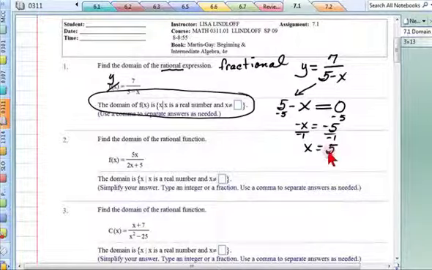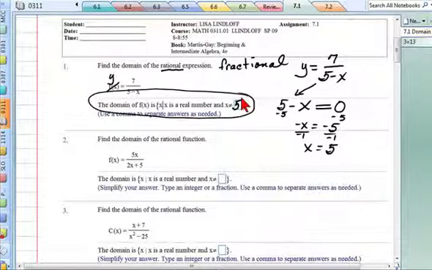I found a number that if x is that number, what is the value of the denominator? If x is 5, what is the value of the denominator? 0. And is that allowed? No. So, the domain of this rational expression is x is a real number. It can be any number, but x cannot be, and that's a not equal to sign, what? 5.